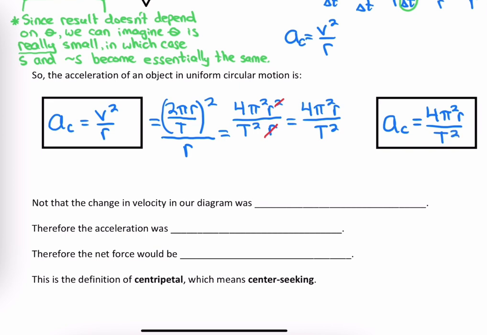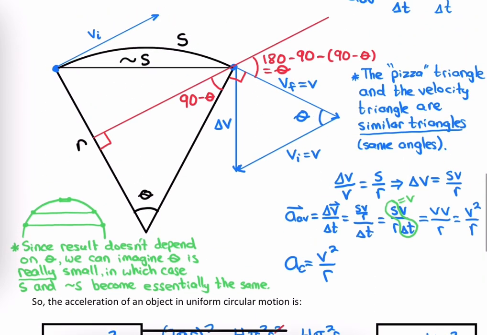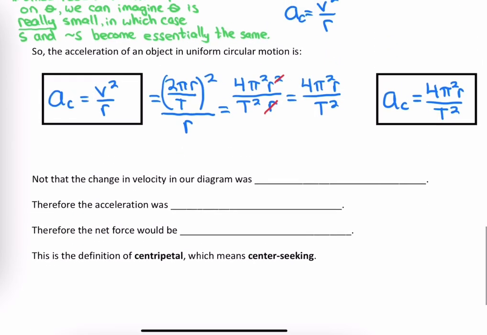Note that the change in velocity in our diagram was, right? We were up here at the top of the circle. The change in velocity was down, which means towards the center.